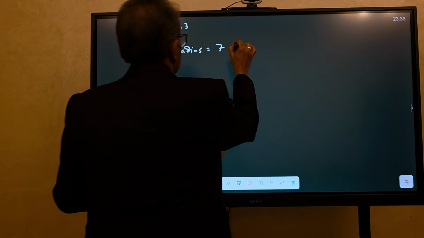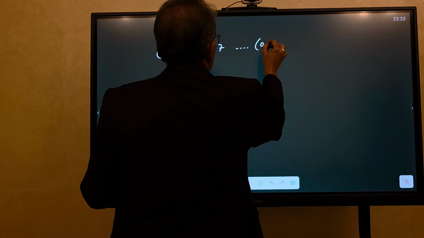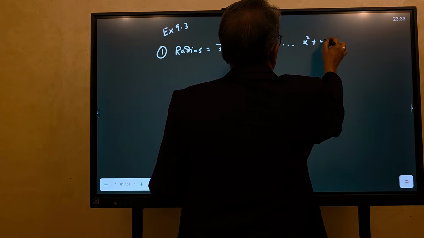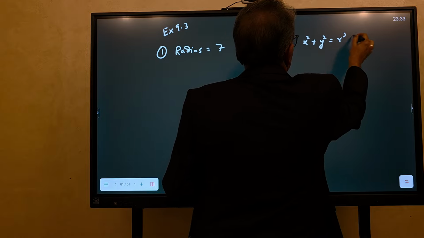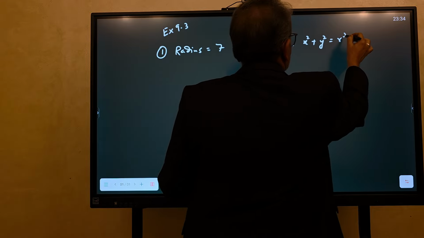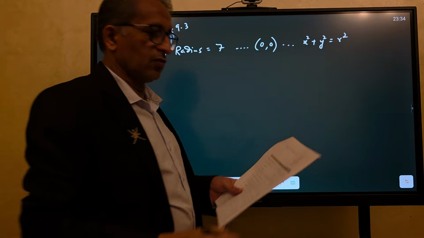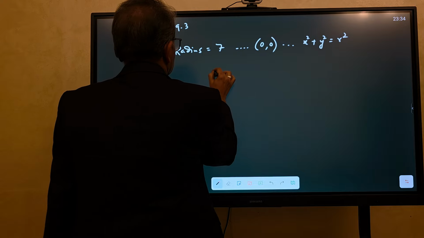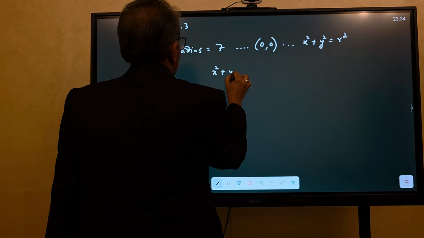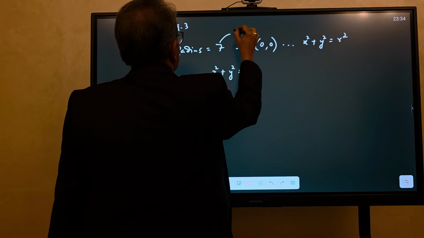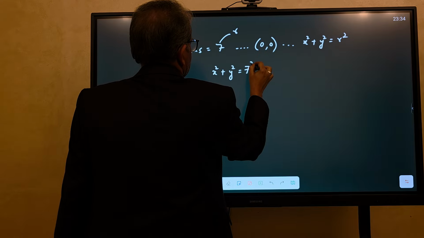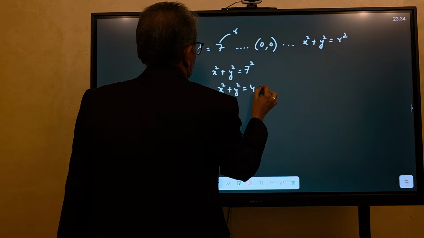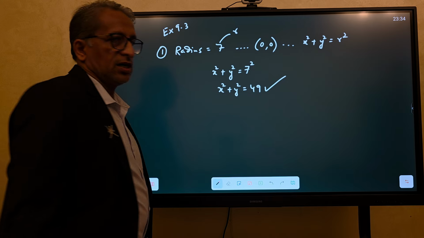So here the center is 0 0, that means I am going to use this formula. For all the questions 1 to 4, I will be using this formula. So x square plus y square, and definitely this is r, that is 7 square. So x square plus y square equal to 49 is the answer.